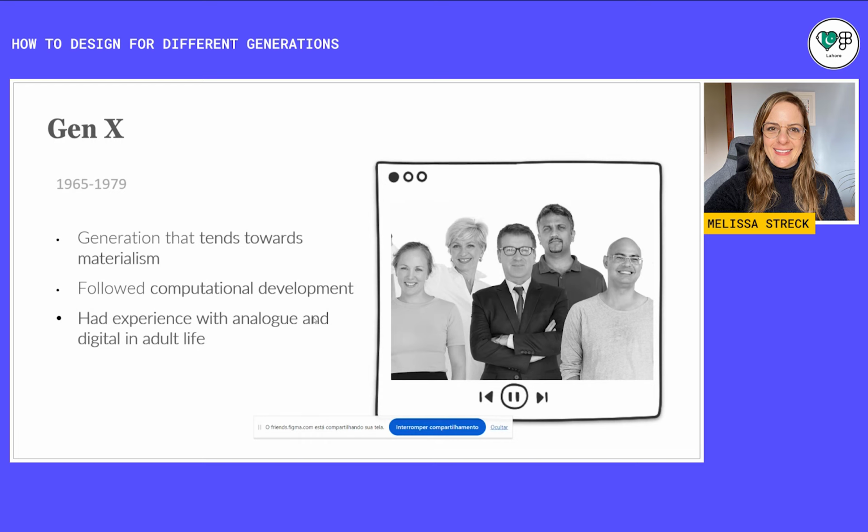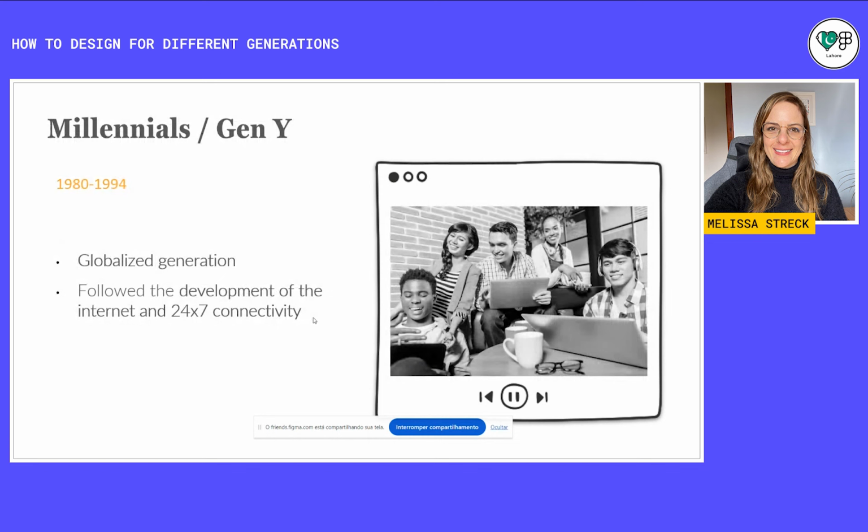We had very analog stuff in the office. At my first job, we started to work with some computers, but it was the very beginning of personal computing. So this generation has the peculiarity of experiencing a lot of those transitions.